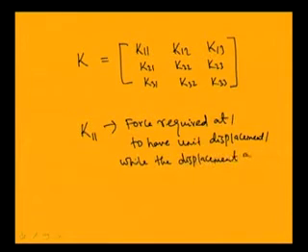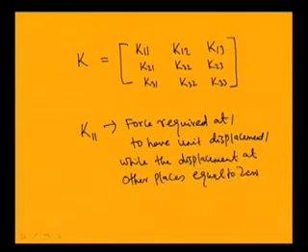So, similarly, Kij you can define as the force required at i to have unit displacement at j when the displacement at other places equal to 0.